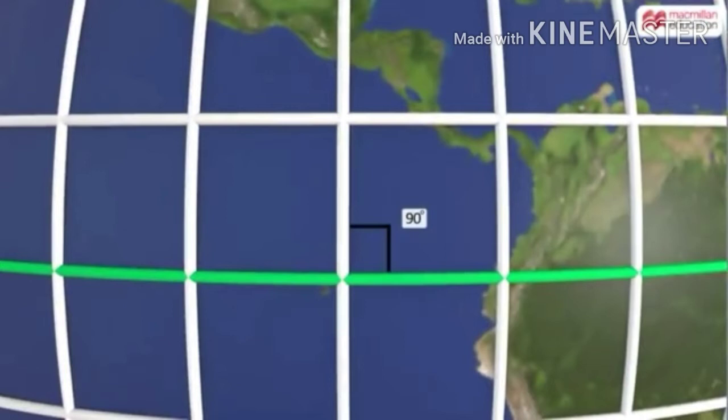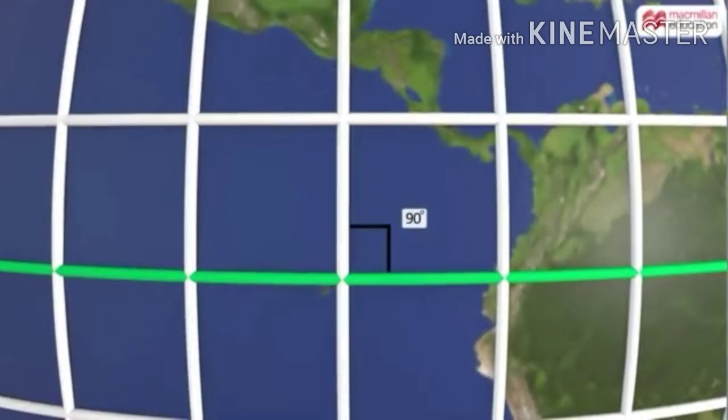There are 90 latitudes running on either side of the equator, thereby bringing the total to 181 latitudes, including the equator.